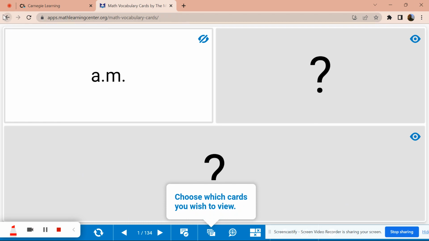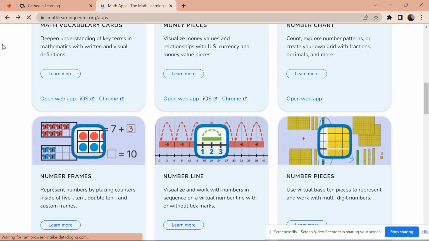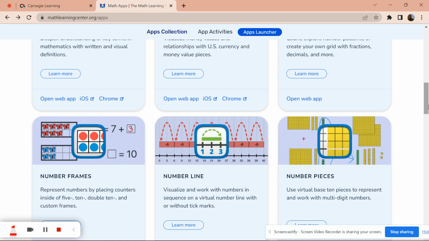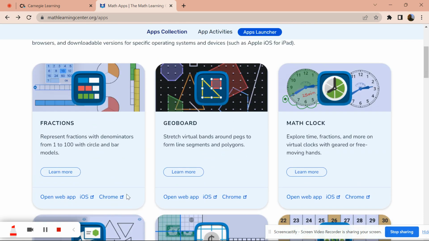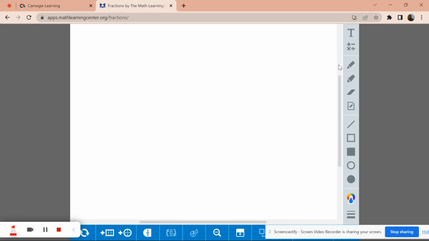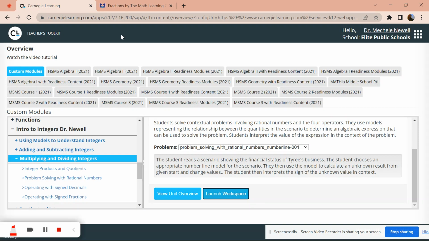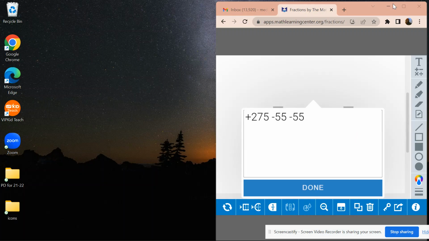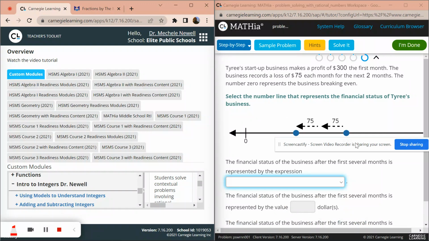So let me go back. I don't want vocabulary cards. I thought I was opening something different. That's nice that they have them. I appreciate that. All right, so oh, I already had that one open. All right, so here.